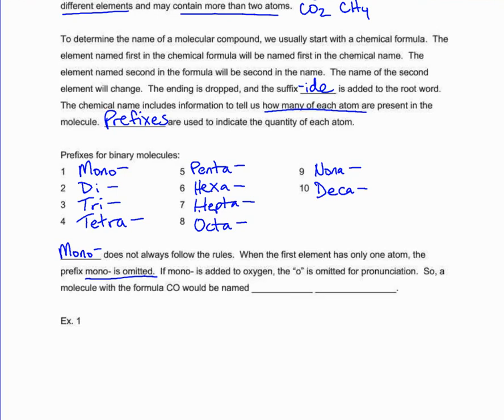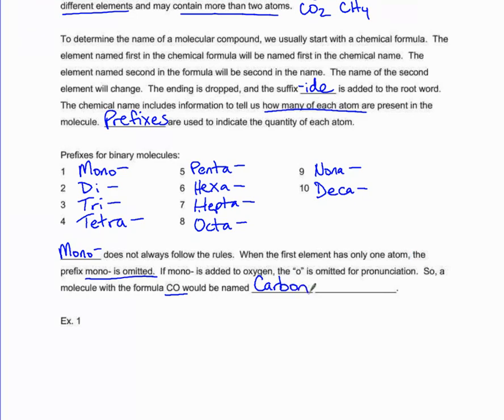The next thing about it, if mono is added to oxygen, one of the O's is left off just for the sake of pronunciation. So a molecule with the formula CO, there's one carbon, which would be mono, but it's the first element, so we don't put the mono.